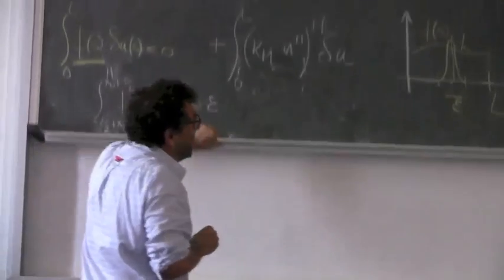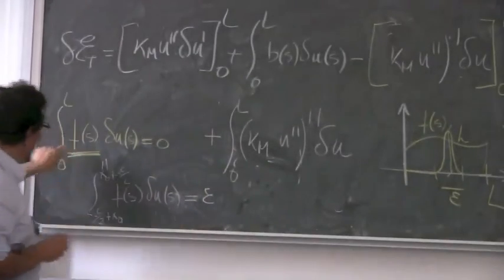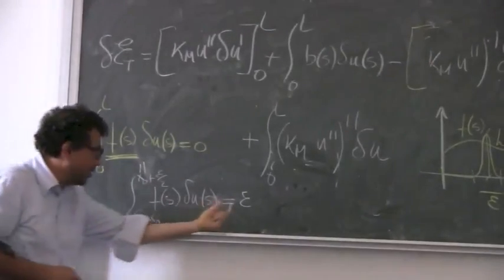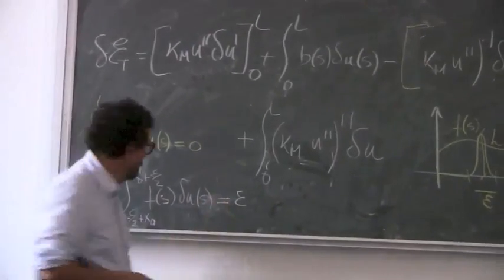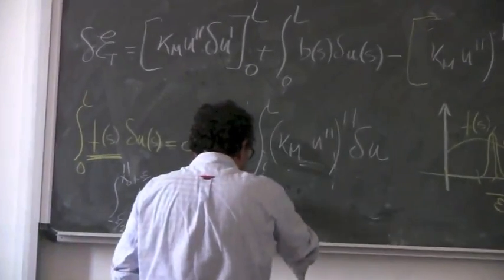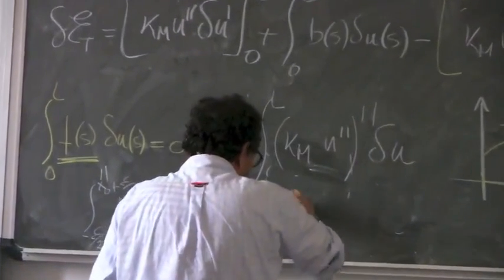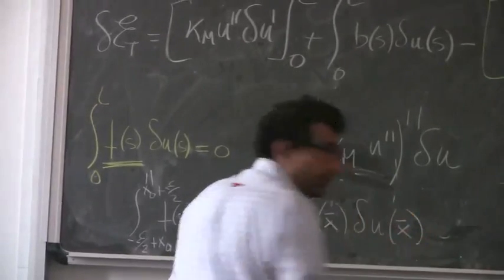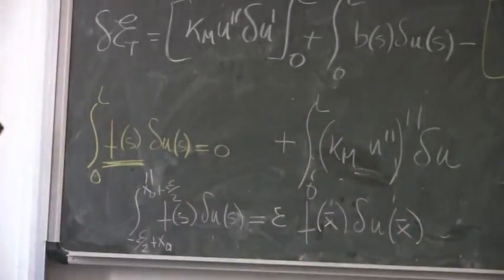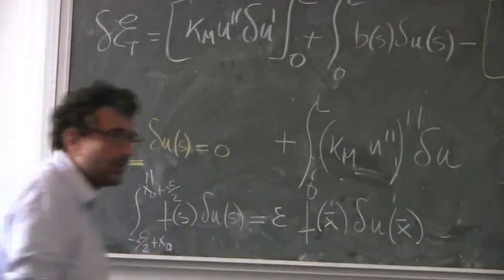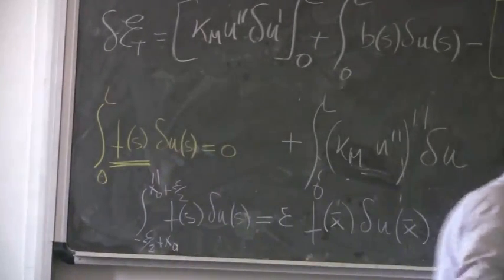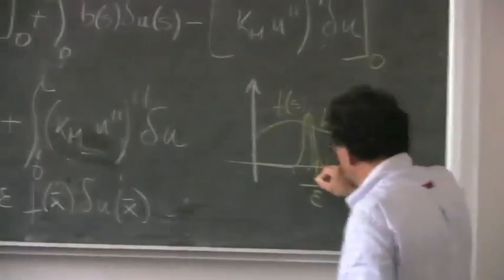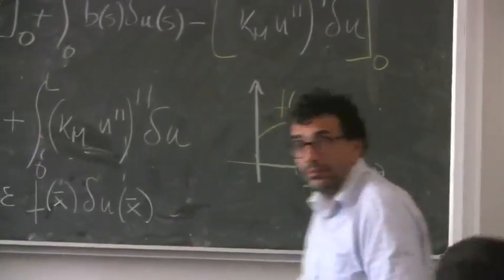I apply this to this integral. The interval has length epsilon. I have f of x bar, delta u of x bar. x bar is a point here, somewhere.